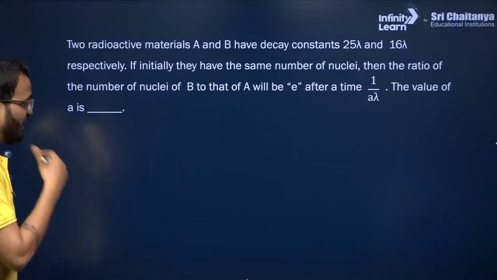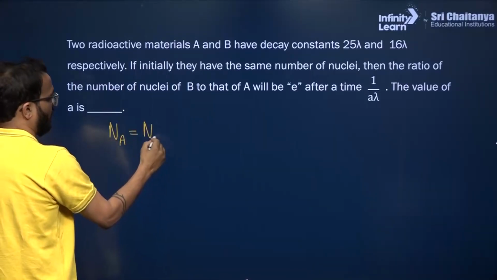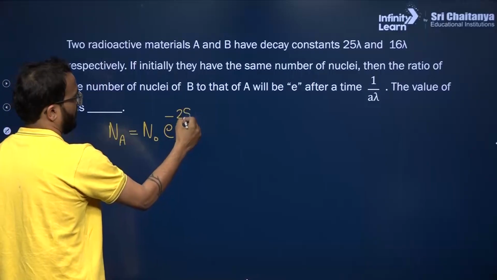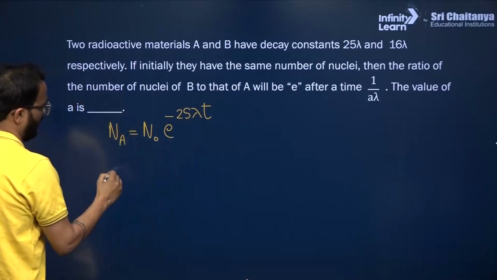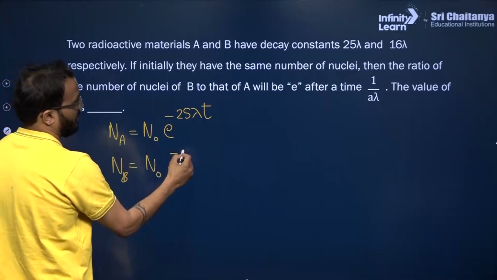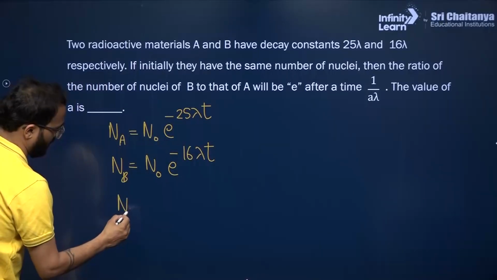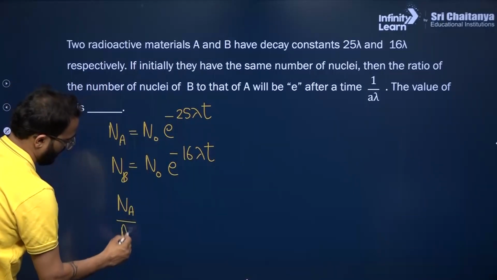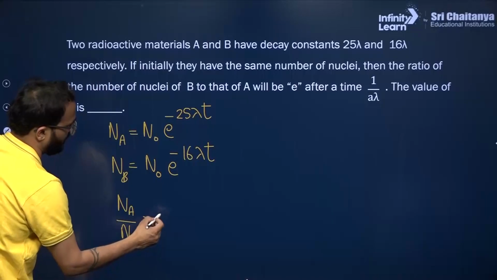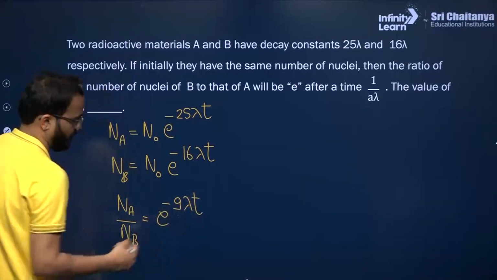Two radioactive materials. Okay, so we will say Na is equal to N0 e to the power minus 25 lambda T, and Nb is equal to N0 e to the power minus 16 lambda T. So Na by Nb will be e to the power minus 9 lambda T, right?